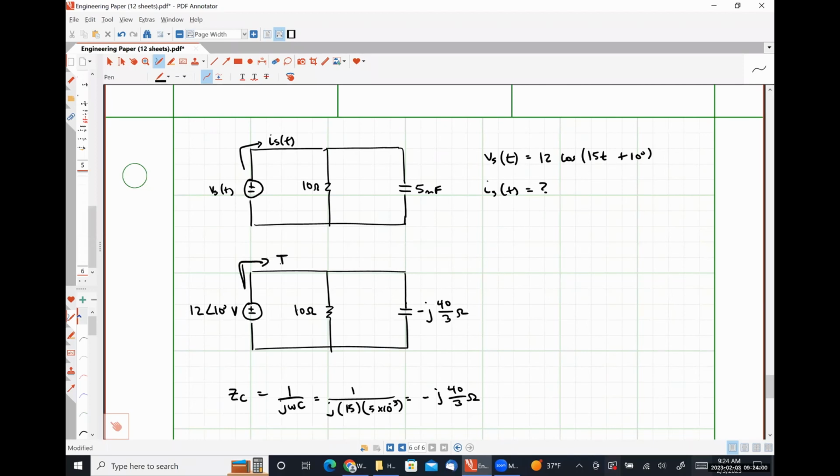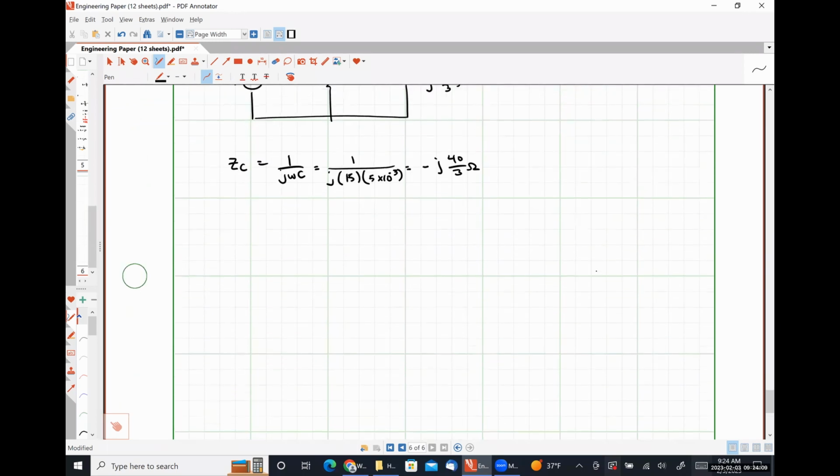We're now trying to find our phasor current Is. So how would we do it?